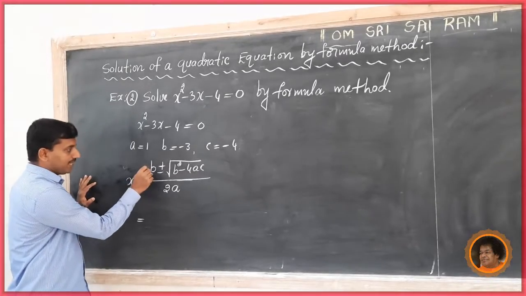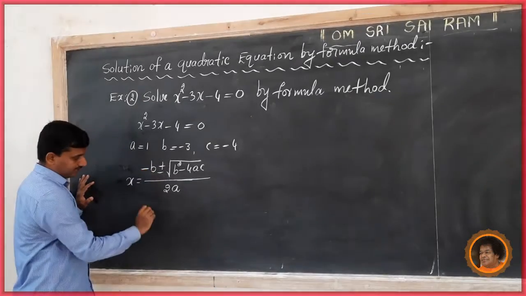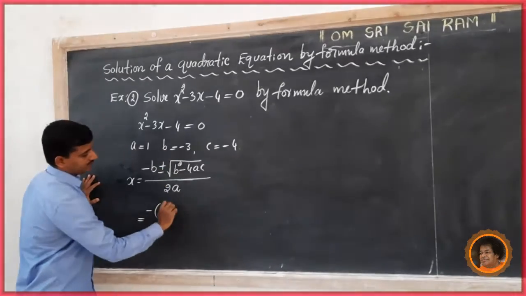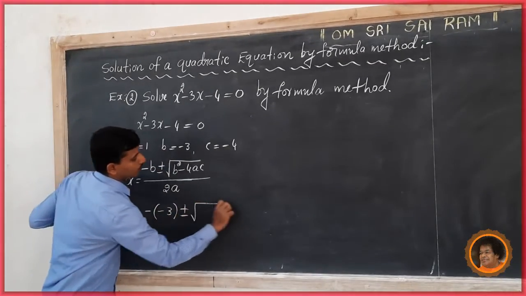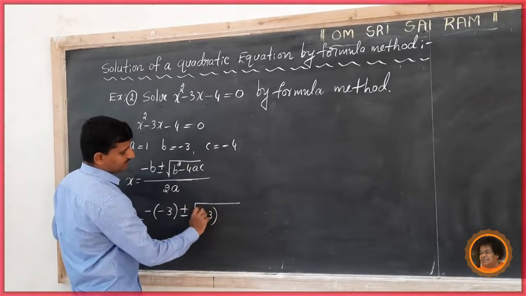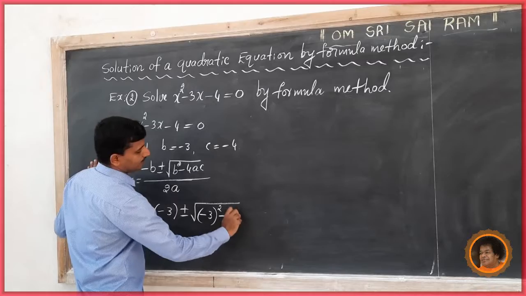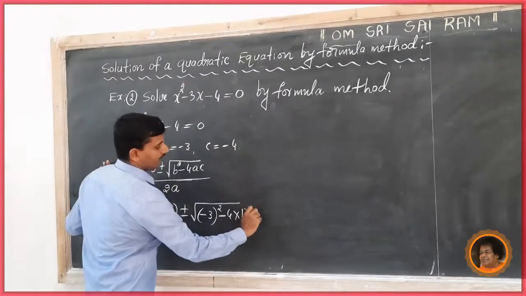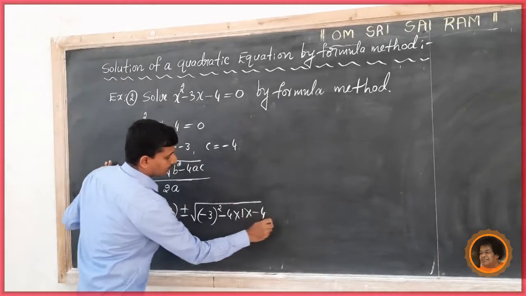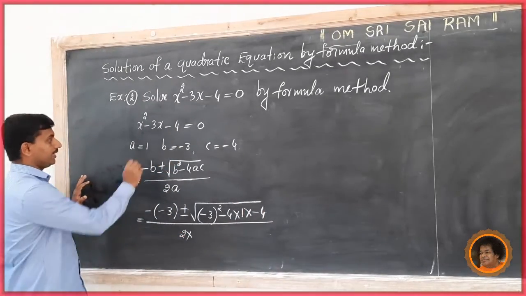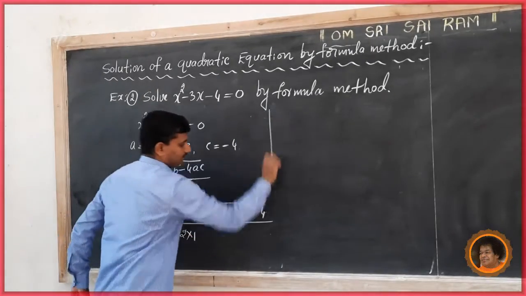Minus b, so in the formula there is a minus, and minus into what is the b value? B value is minus 3, plus or minus square root of b square, so b square is minus 3 whole square, minus 4 into a value 1 into c value minus 4, divided by 2a, 2 into a value 1. Now simplify.